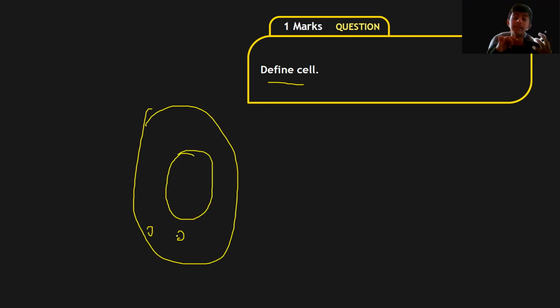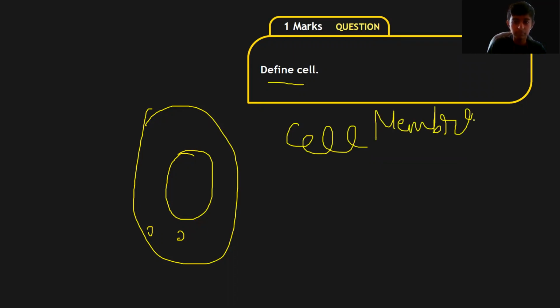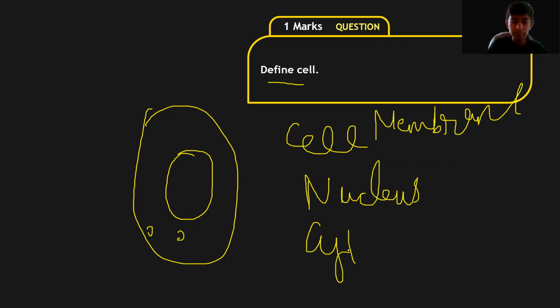But if we look with the help of a microscope, three things we can see: the cell membrane, the nucleus, and the cytoplasm. These are the three prominent things which we can observe under a microscope, if our microscope is not an electron microscope.